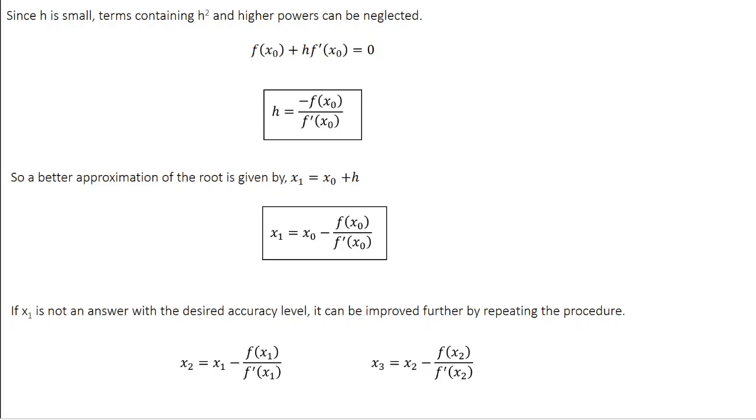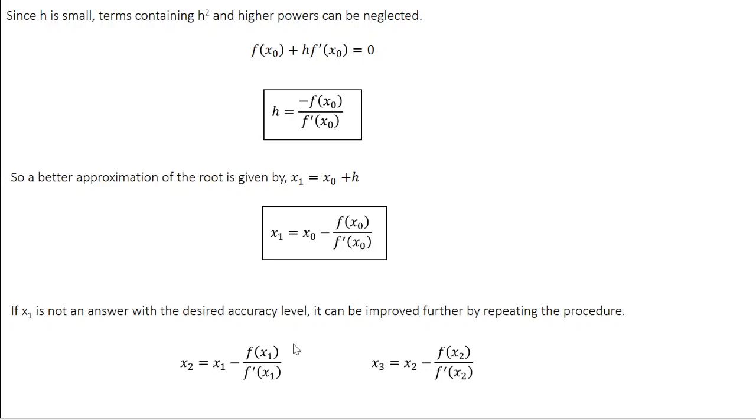And if you are not happy about the accuracy of x1, you can repeat the iteration once more. So you get a newer approximation x2, which will be x1 minus f of x1 divided by f prime of x1. And x2 will be a much better approximation compared to x1 and x0.